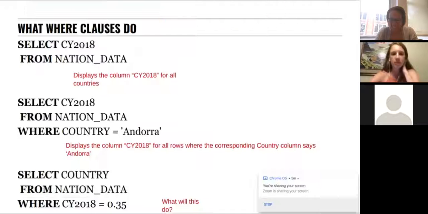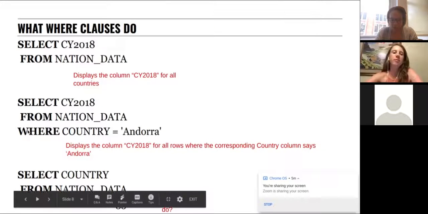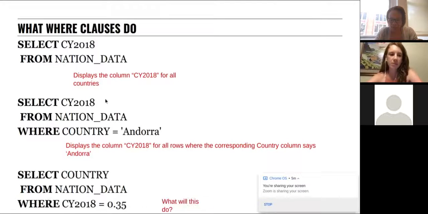Or we can do the clause another way around. So let's look at this one here, the last one on the screen, which has just been blocked out by my PowerPoint thing. Yep, okay, there we go. So that last one, select country from nation data, and this time, instead of the constraint being on a country, we're constraining it on the tax rate. So we're saying, tell me the countries where the 2018 tax rate was 35%.